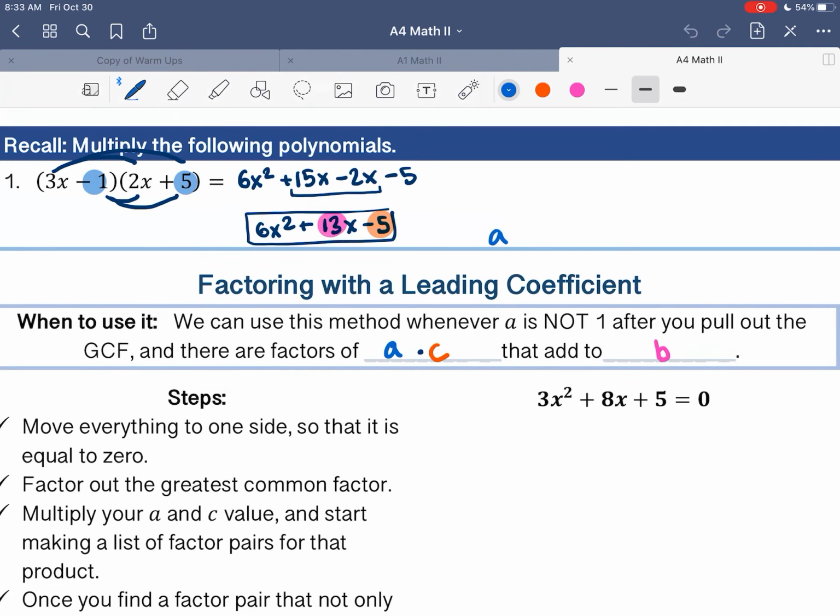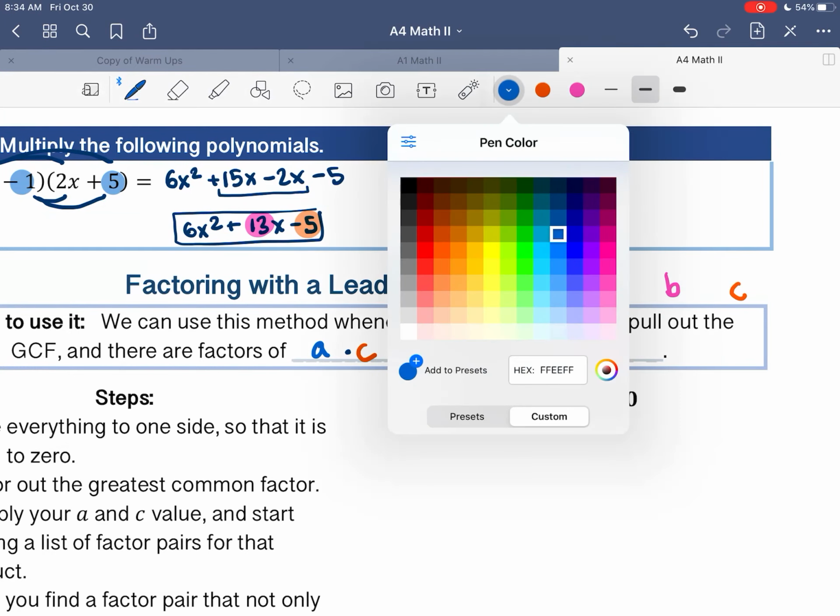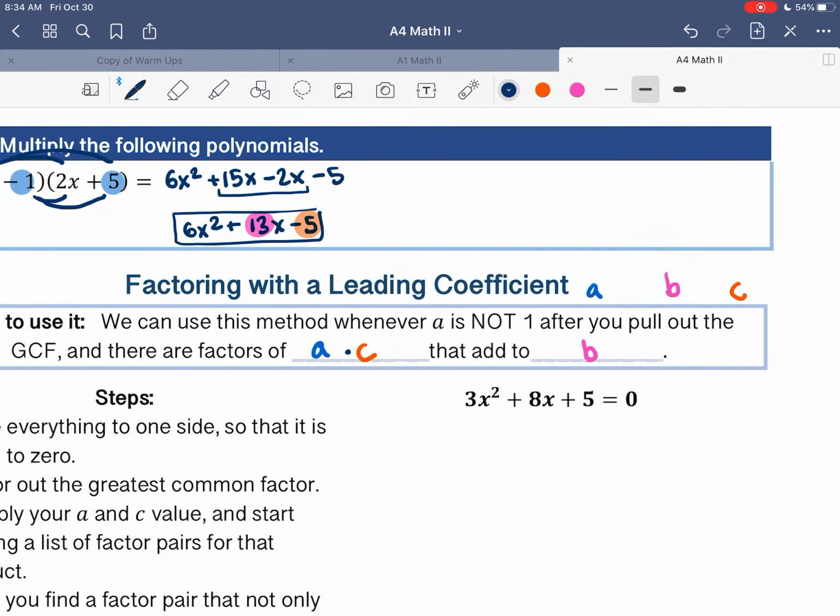So just a reminder that a, b, and c come from the first, second, and third coefficients in a quadratic. So it's ax squared plus bx plus c. So that's where those are coming from, a, b, and c.